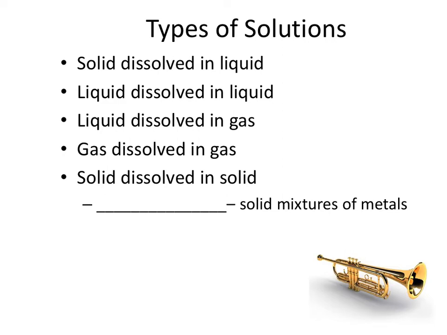And mixtures of solids are what we call alloys. So for example, we can mix copper and zinc together to get brass. We can mix iron and carbon together, sometimes also more substances as well, to get steel. And then white gold is actually a mix of gold and silver.